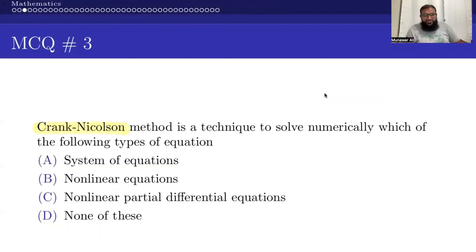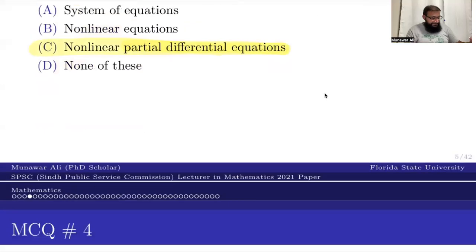Crank-Nicholson is used to solve partial differential equations in general, especially nonlinear ones, but obviously you can apply it to linear partial differential equations as well. Other methods are the finite difference method, and this is one of the finite difference schemes, and there are finite volume methods and finite element methods to solve differential equations, especially very nonlinear partial differential equations. But it is not the topic to discuss here, so let's move ahead.